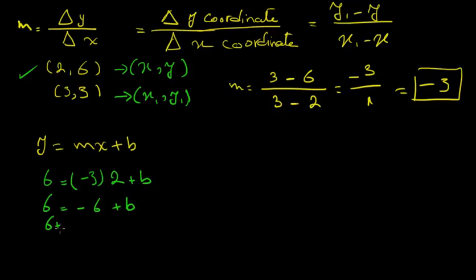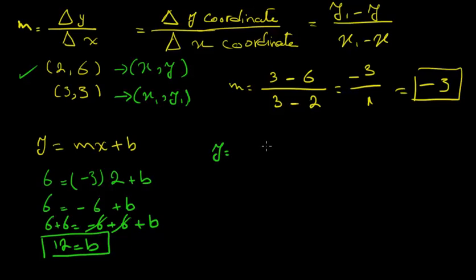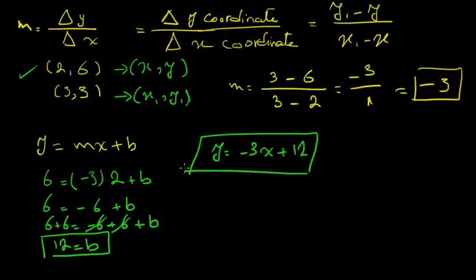So we'll have 6 plus 6 equals minus 6 plus 6 plus b. These two cancel out and we'll have 12 equals b. So this is our b. Now we have our equation and we can write it as y equals minus 3x plus 12. And this is our equation for this problem.